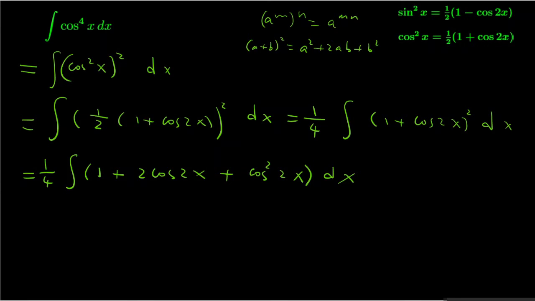Now the idea. If you have sine or cos of some x to some even power, you apply the formula once, and then you reduce the power by half.